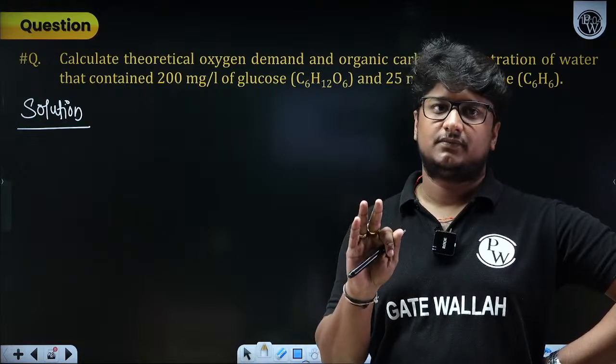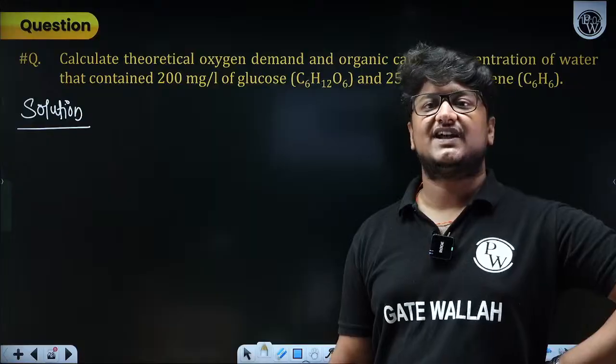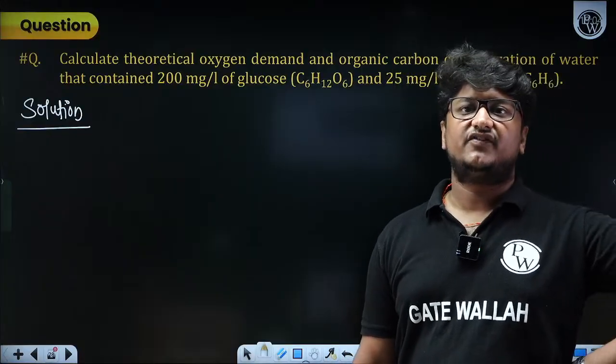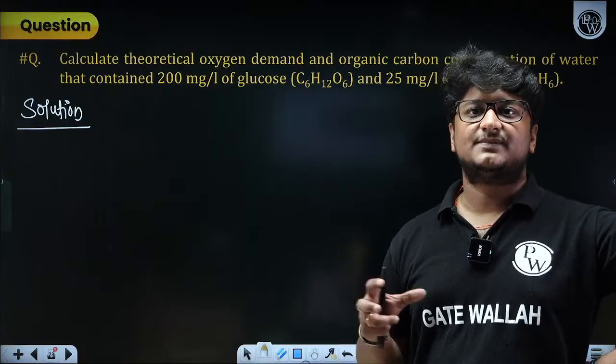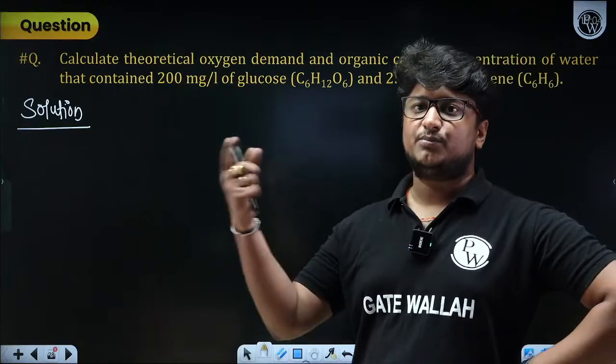Three important pillars: revision, practicing good questions, and doubt discussions. In simple words, that is the whole discussion for the Vijay batch, and that's how you can improve your rank.